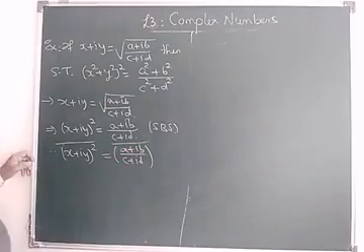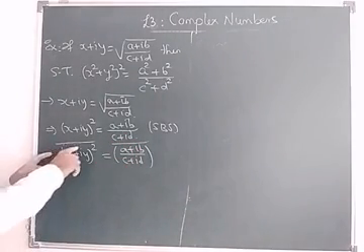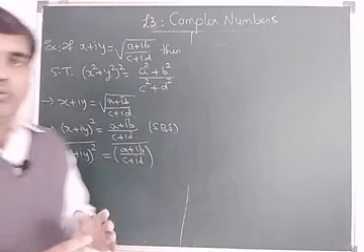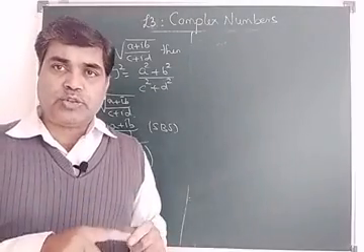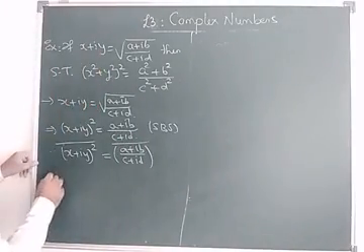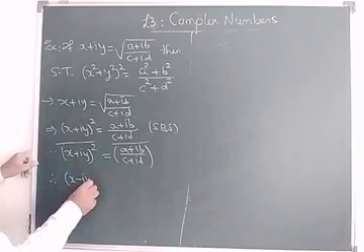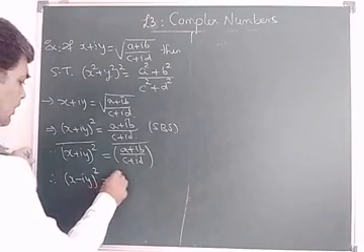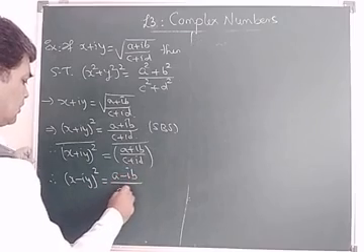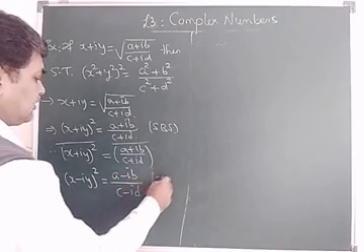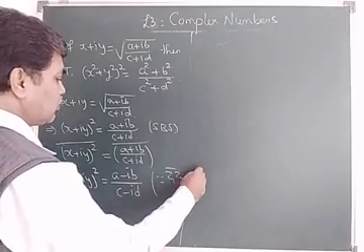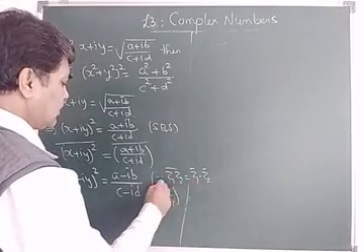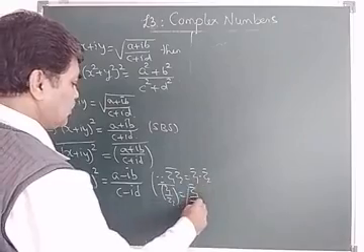We know that the conjugate of a product of two numbers, (z1 into z2) bar, is equal to z1 bar into z2 bar. So we'll get (x minus iy) whole square is equal to (a minus ib) upon (c minus id), since the conjugate of z1 upon z2 is z1 bar upon z2 bar.